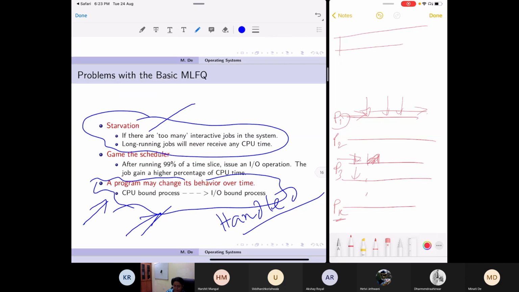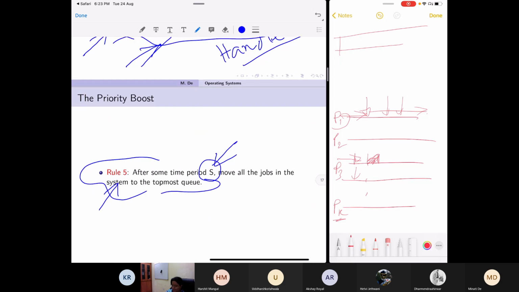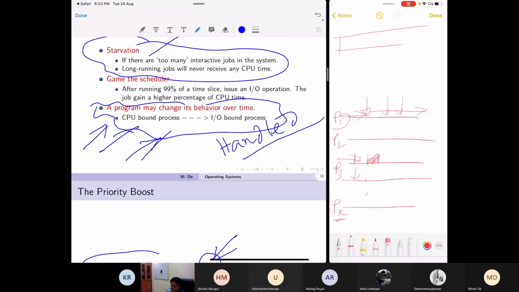We thought that one job is CPU bound, but later on it might actually be IO bound. We don't know. So after this interval S, you are moving all of the jobs to the highest priority level, as if they have started from the beginning. We don't know their status, whether they are IO bound or CPU bound, so you are taking care of this also.